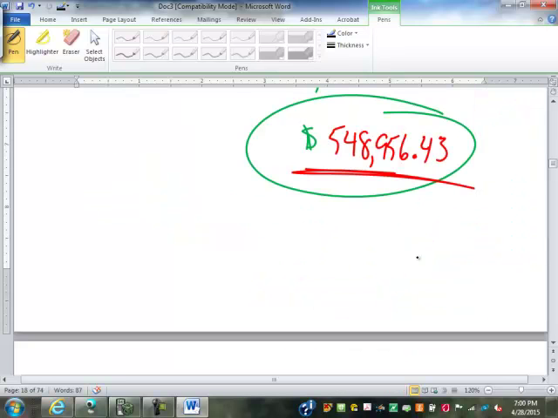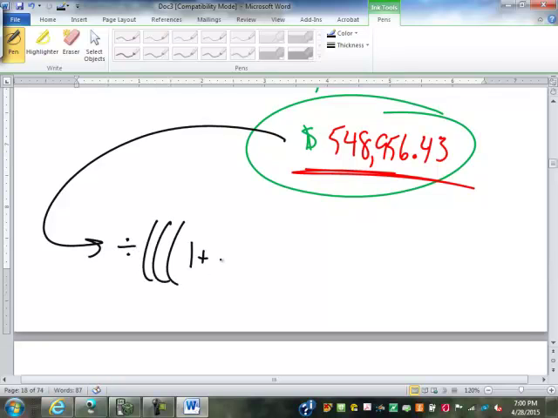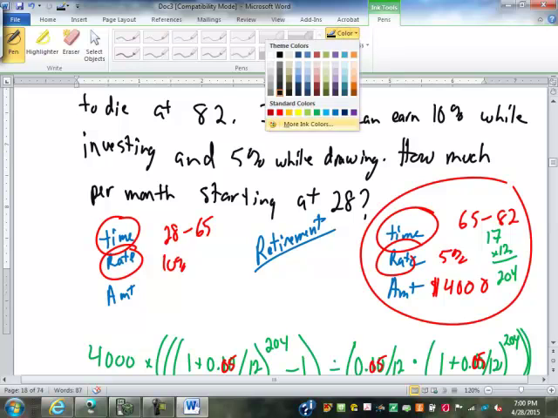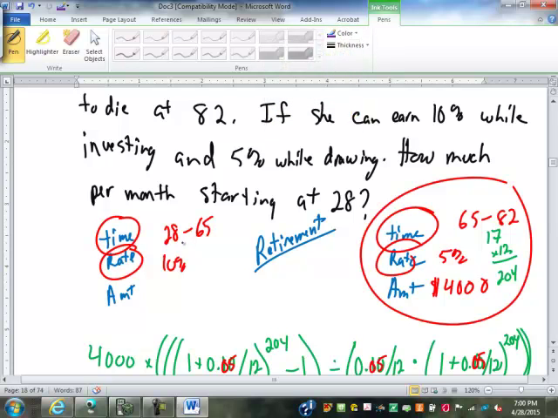Well, now we need to use that number as the amount to be divided by, how many years on the front side? Careful. 37. You got it. Times 12 would be 444. Does that look right? Yep.